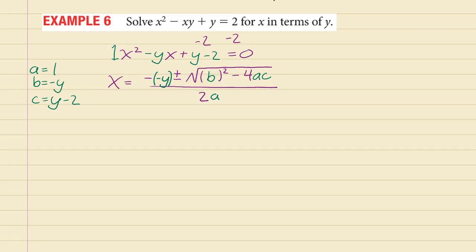B squared will be negative y squared. 4 times a times c, well, the a is 1, so it's 4 times 1, and then times c is times y minus 2. And 2 times a, that will be just 2 times 1.